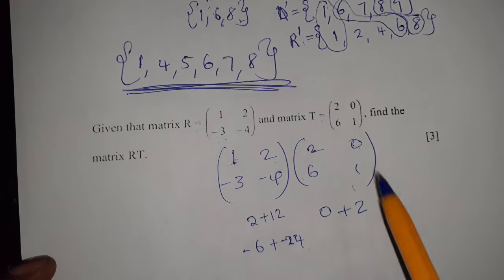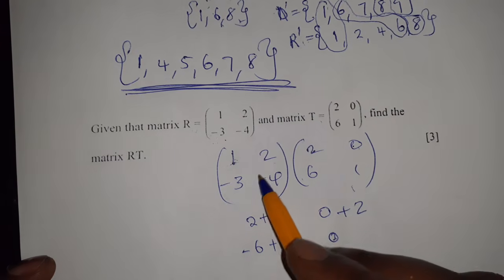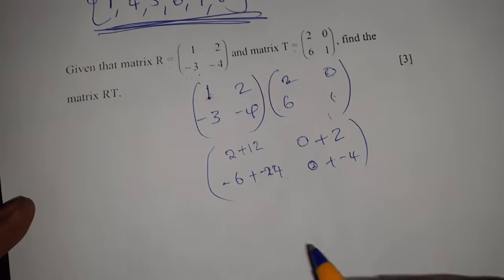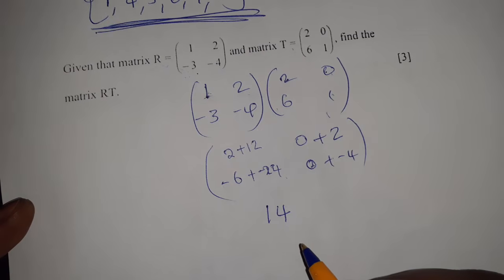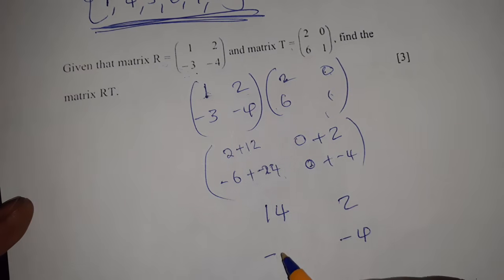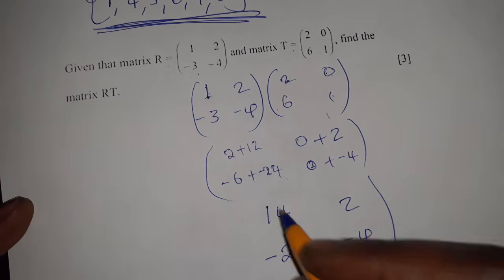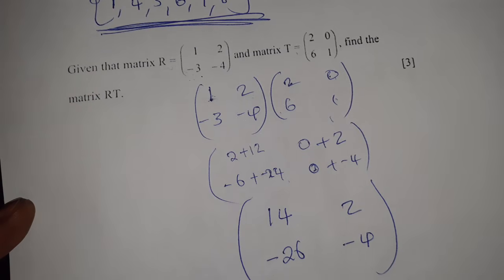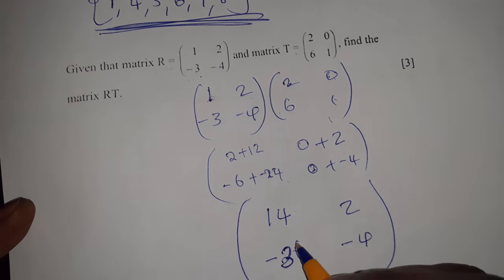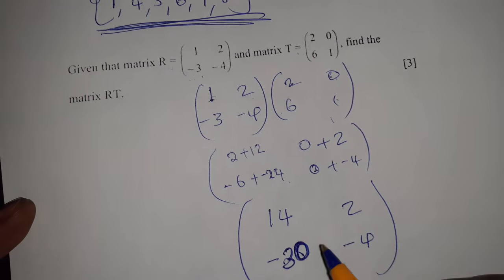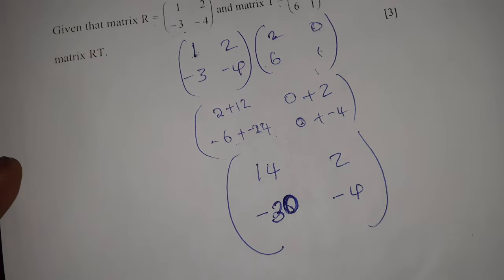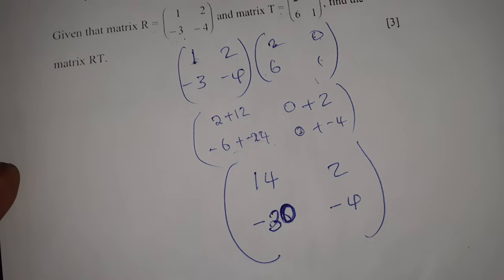And -3 multiplied by 0, you get 0. -4 multiplied by 1, you get -4. Then when you add these, you get 14 to -4 and -26. All right. Sorry. -30 here, not -26. When you add these two, they'll give us -30. Okay, so this is what we're supposed to get as our answer here.